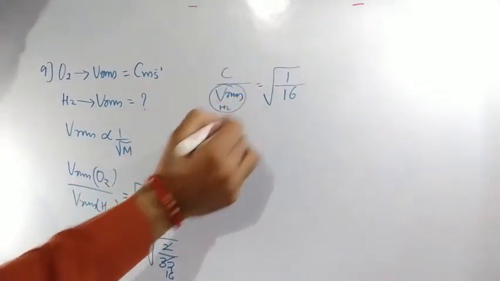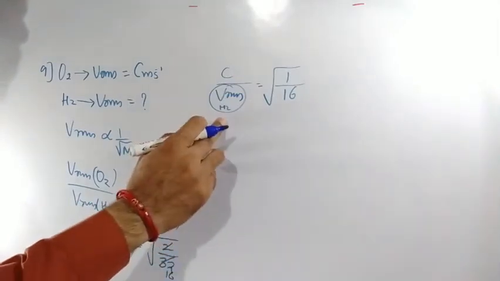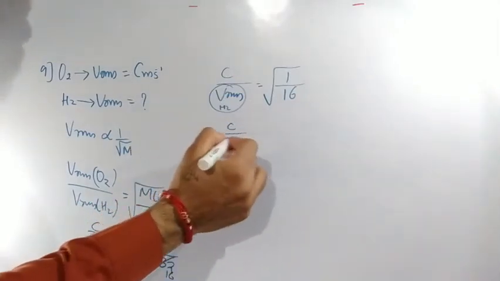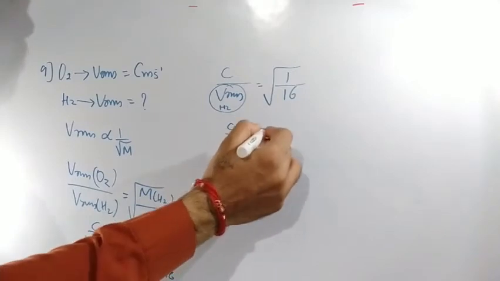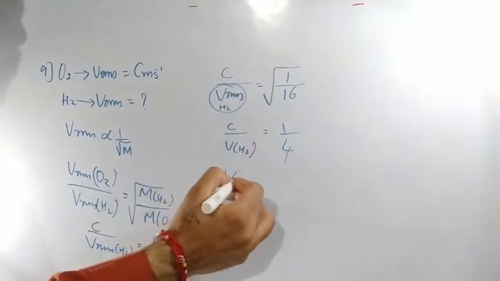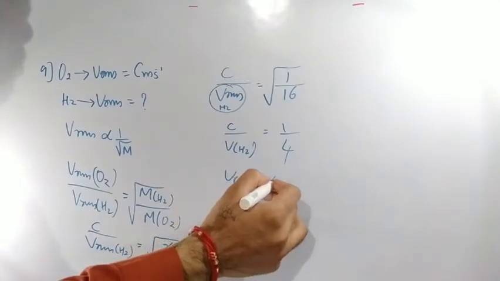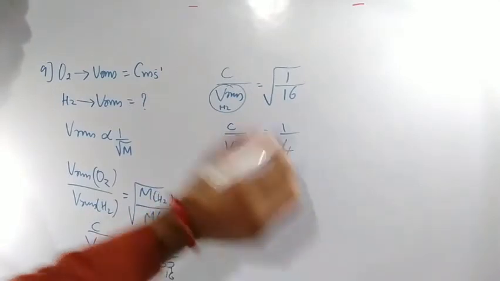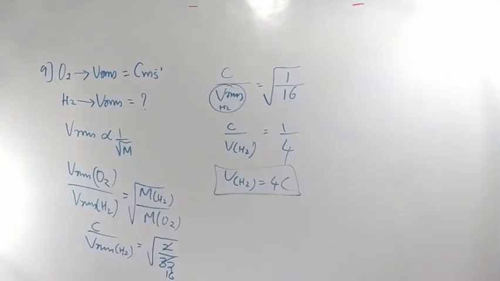Okay. VRMS for H2 we need. So C by VRMS for H2 is equal to root of 1 by 16, which is 1 by 4. So VRMS for H2 will become 4C, 4 times of C.